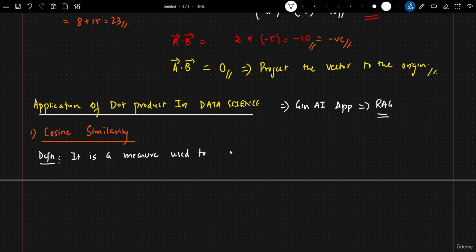used to determine how similar two vectors are.